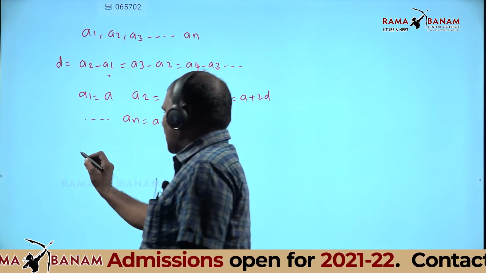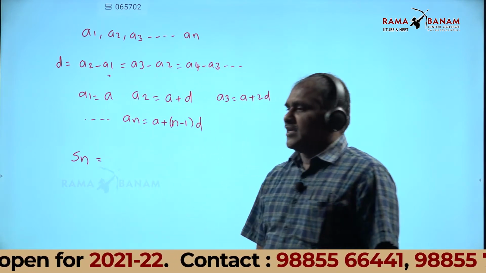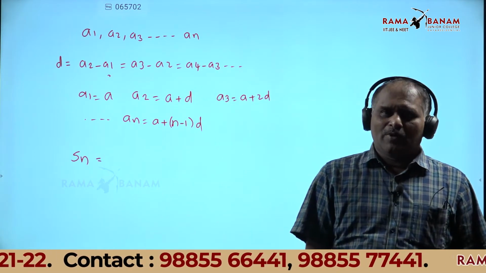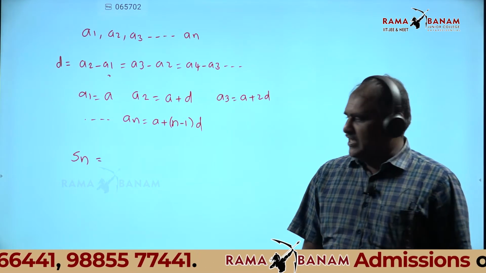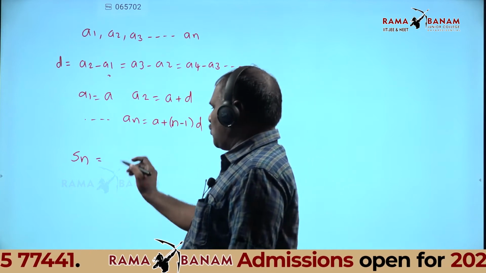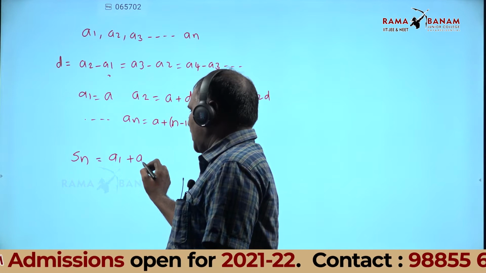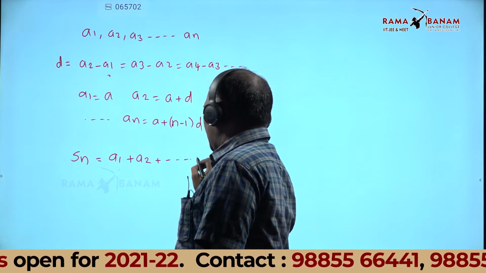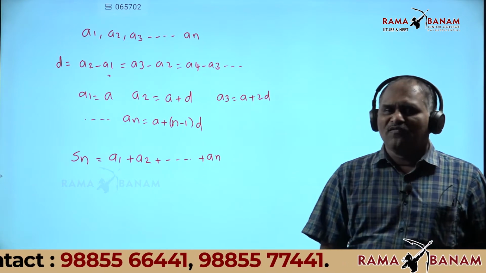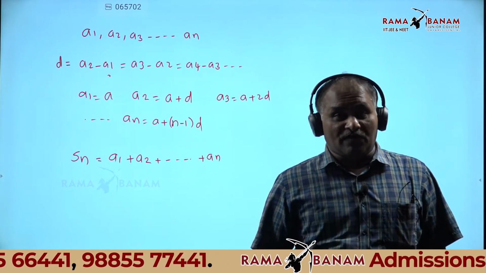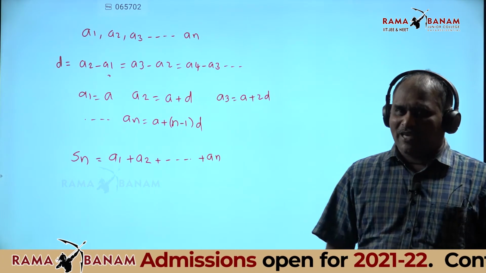Next, the sum of the first n terms is denoted as Sn. Sn is equal to the sum of the first n terms A1, A2, etc., up to An.